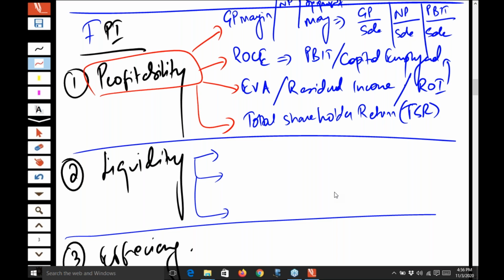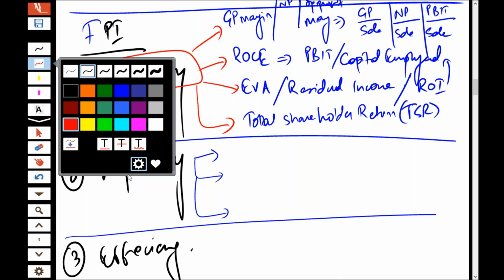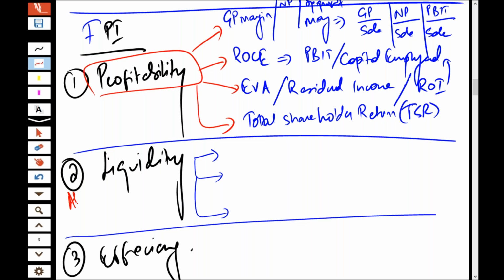Okay, now, amongst the suggestions that I've got, let me first tell you the liquidity measures the ability to repay debts as they become due.